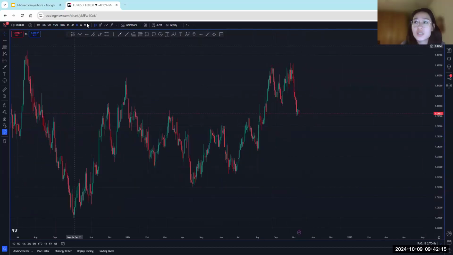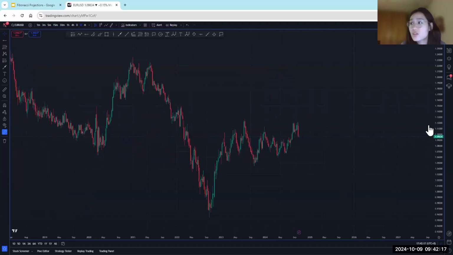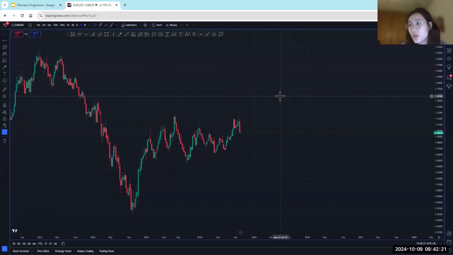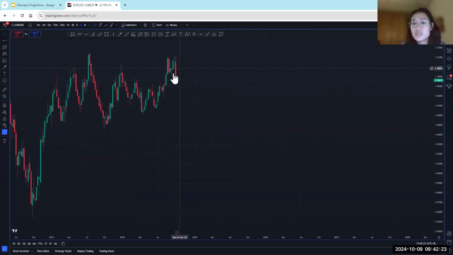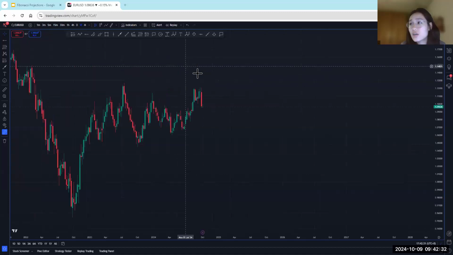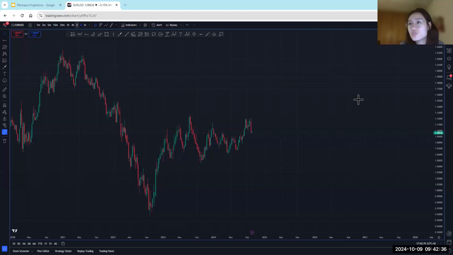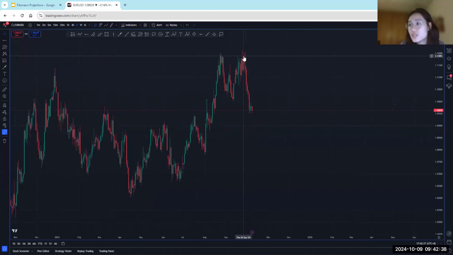So we're expecting the opposite for euro. If we look at the general trend, prices have been moving upwards, although there's been a recent drop in price, as we see here.